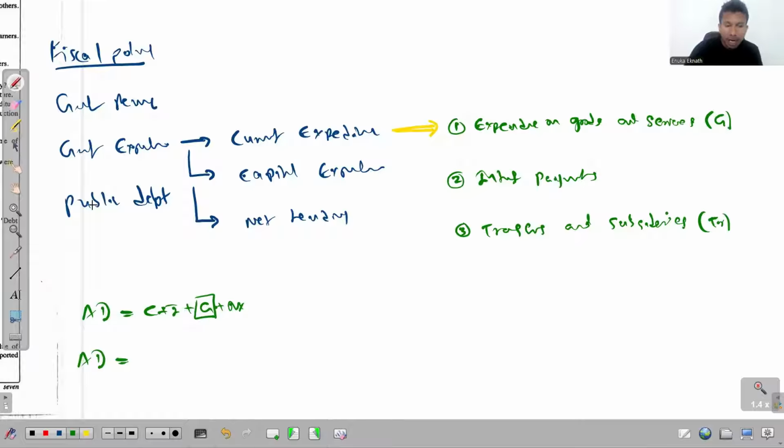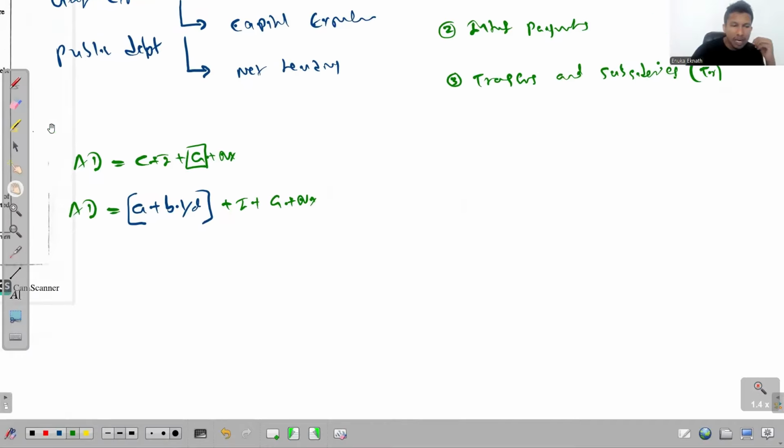Why do I say so? Because if you remember, consumption is equal to A plus B into YD. So this is C, plus, now you can write I plus G plus NX. You still haven't seen TR, because it is hidden even deeper inside. So where is it?